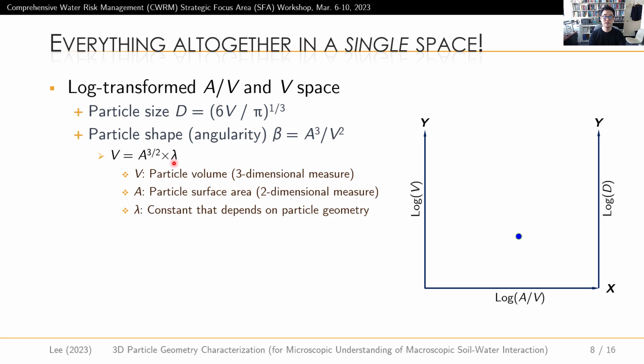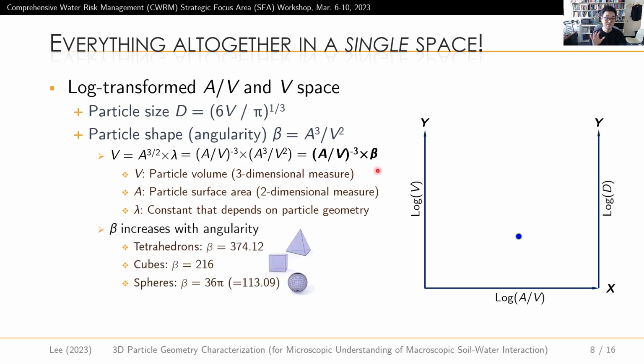This equation can be reformulated in terms of A over V, and then we can see this beta term naturally comes out. And this beta increases with angularity. As we can see, from sphere to cube and tetrahedron, the beta value is increasing from 36 pi to 374.